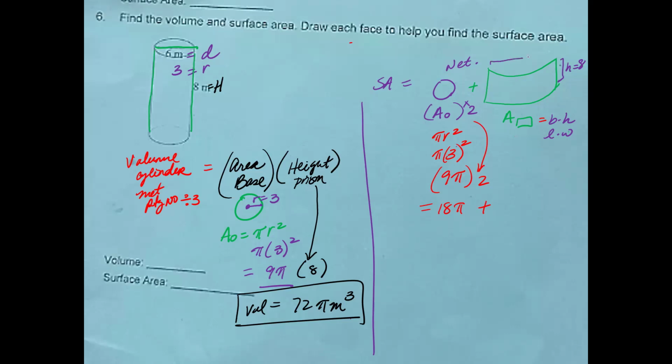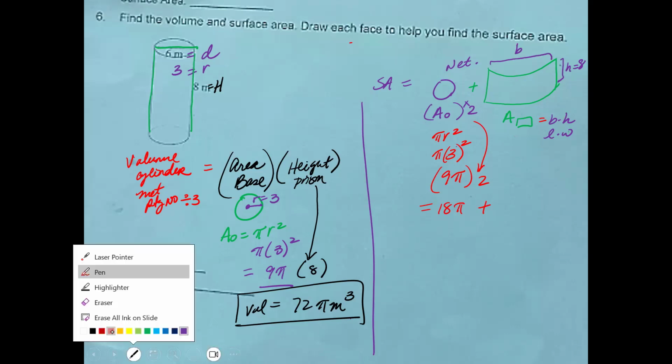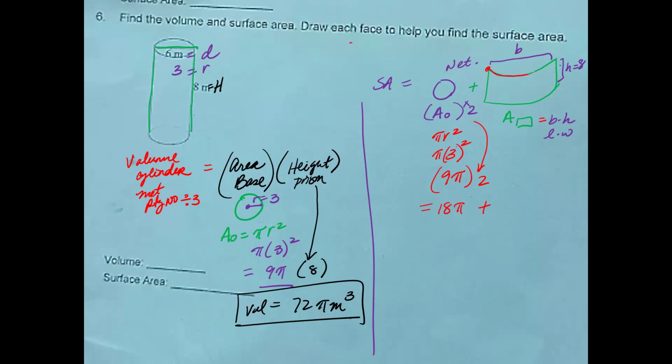But then here is where it gets a little bit complicated. That's your base. Do you see how this right here, from here to here, is also this part right here of the circle? So your base, or length, is going to be the circumference of the circle. What's the formula?